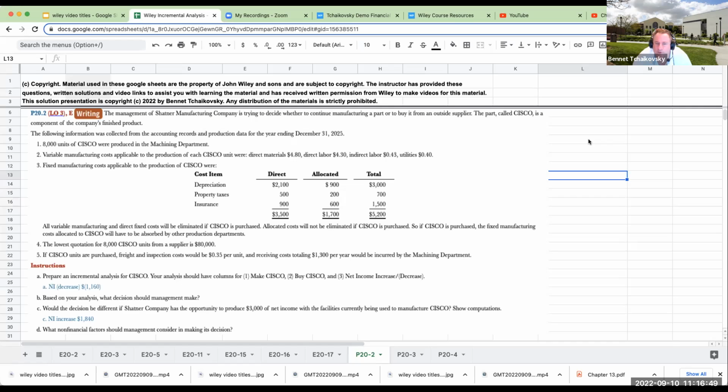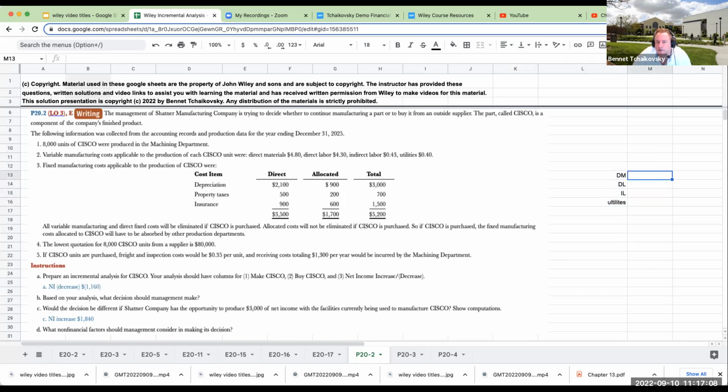Variable manufacturing costs applicable to the production of each Cisco unit were direct materials, direct labor, indirect labor, and utilities.